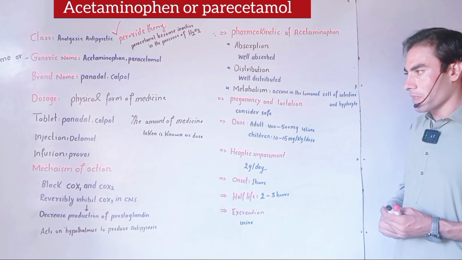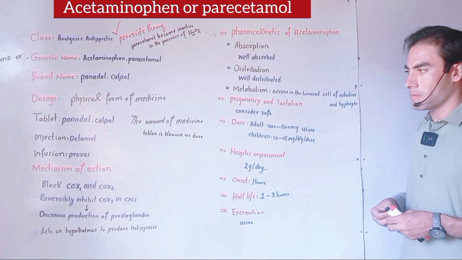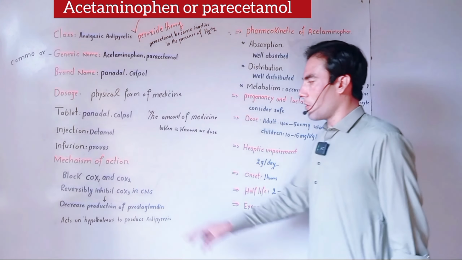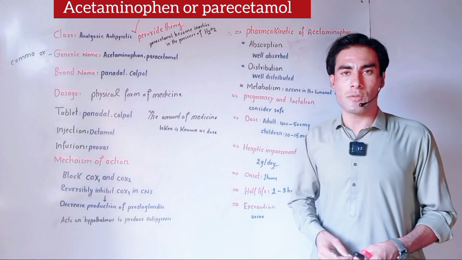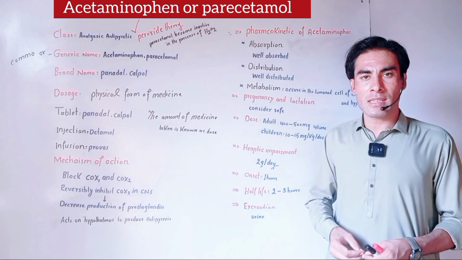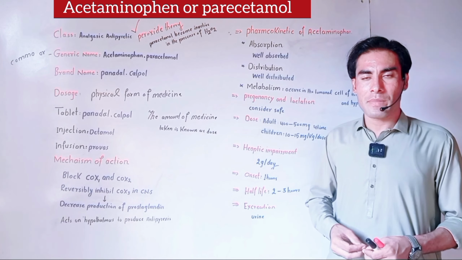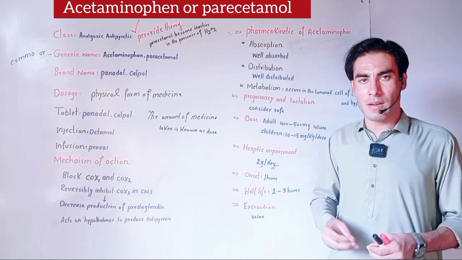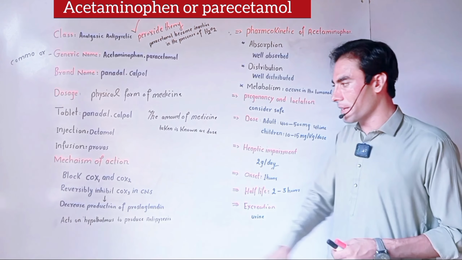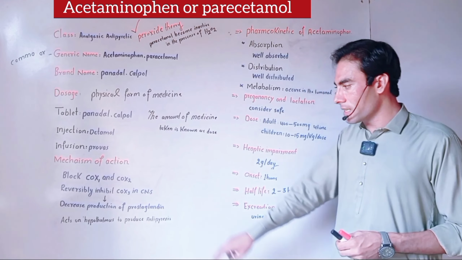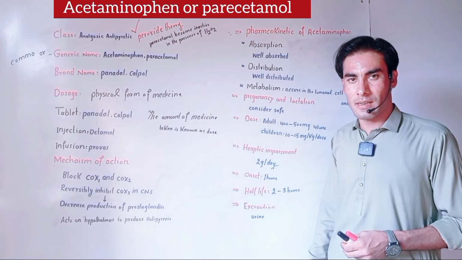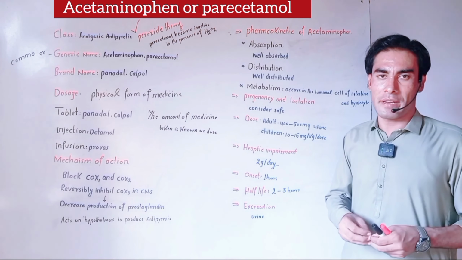Now come to the mechanism of action. Acetaminophen blocks COX-1 as well as COX-2. It blocks the cyclooxygenase pathway, and some studies show that acetaminophen reversibly inhibits COX-3 in the central nervous system and decreases the production of prostaglandin. As a result, it relieves pain.